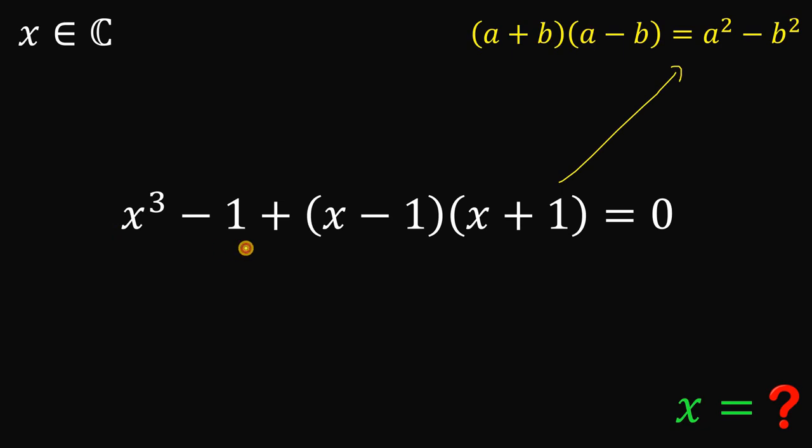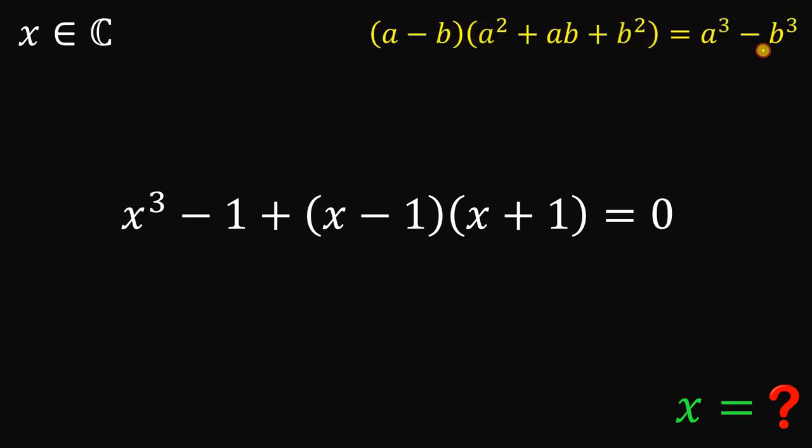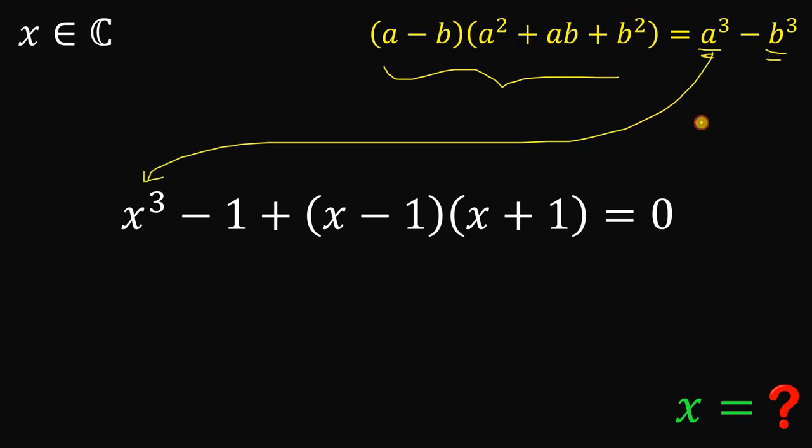Now, how about x cubed minus 1 cubed? We recall this identity. If we have a cubed minus b cubed, this can be factored as a minus b multiplied by a squared plus ab plus b squared. This a represents x and this b represents 1.